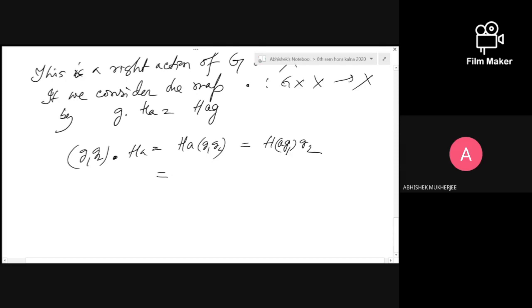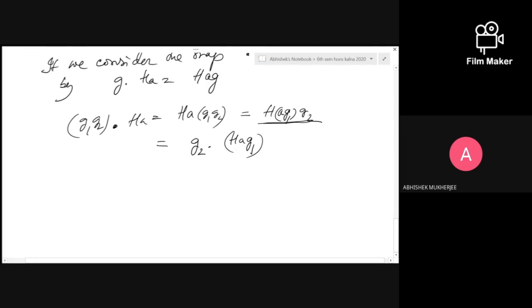Now for this one, it must be g1 dot g2 dot Ha, but we get Ha g2 g1, and this is equal to, what is Hag1?